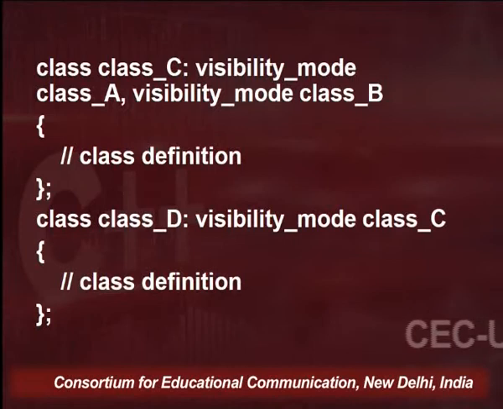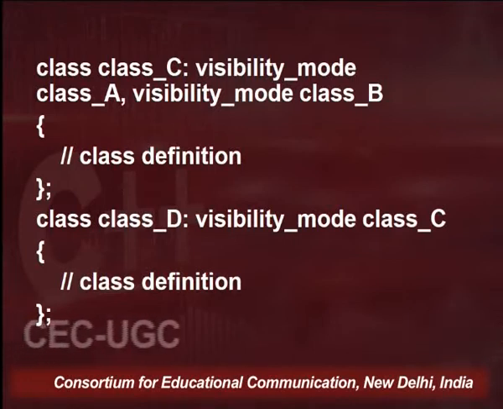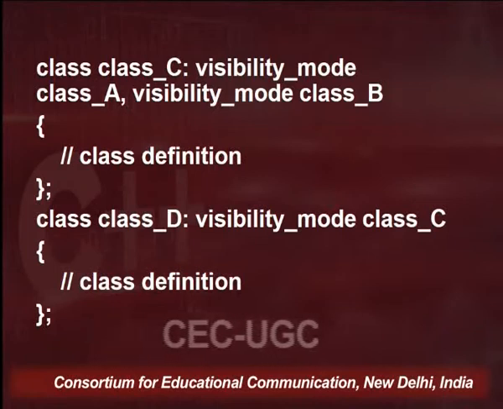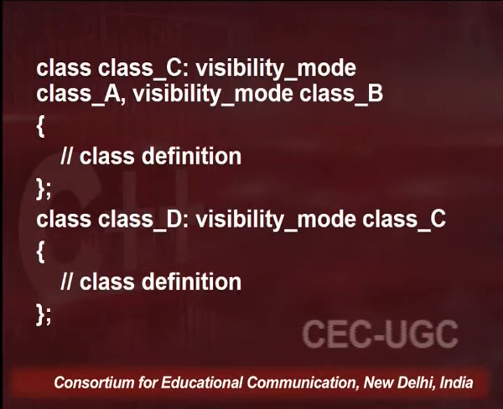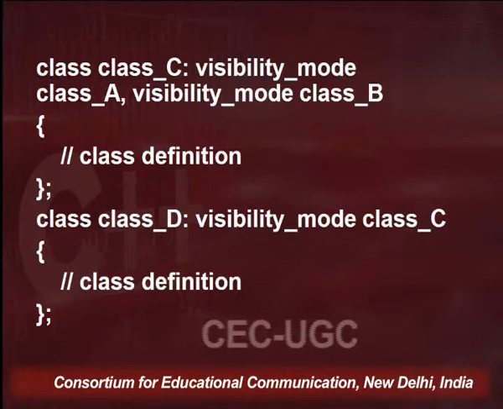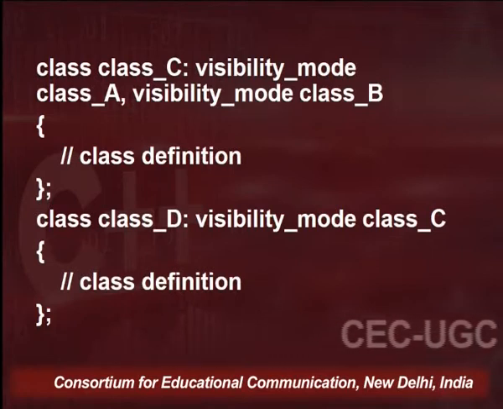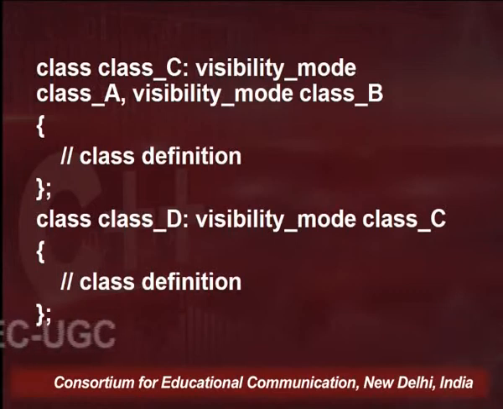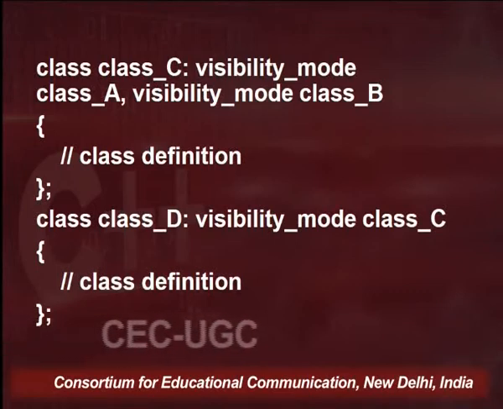With specific visibility modes, I mean that class C when inheriting class A may use public, private or protected, and similarly while inheriting class B, class C can inherit it in public, private or protected mode, and it has its own definition.